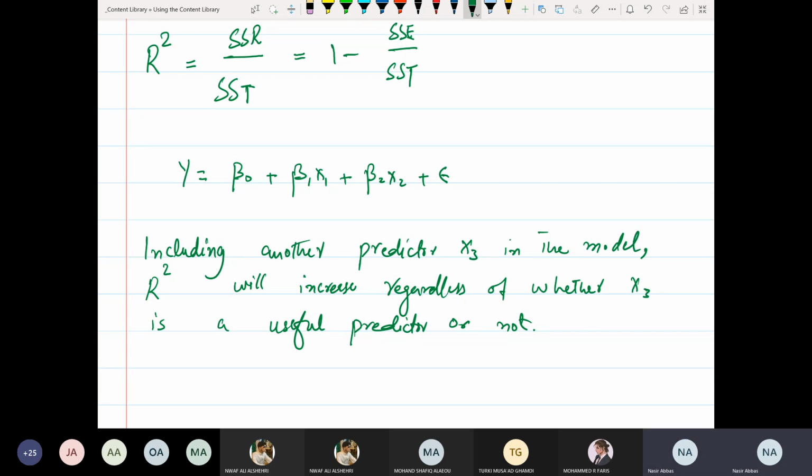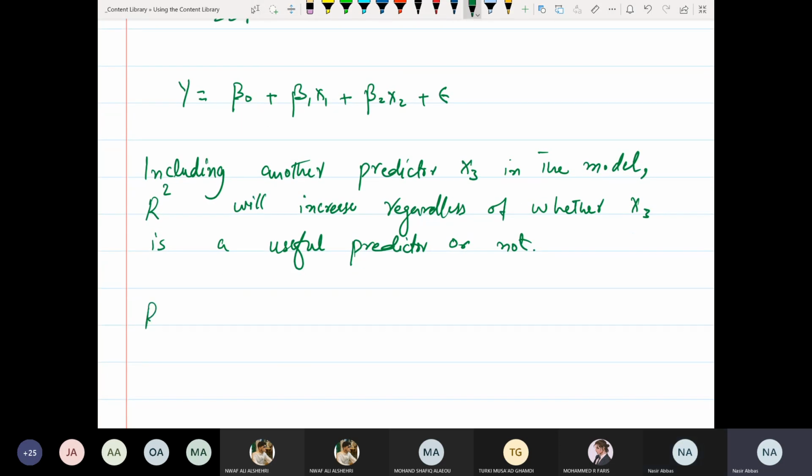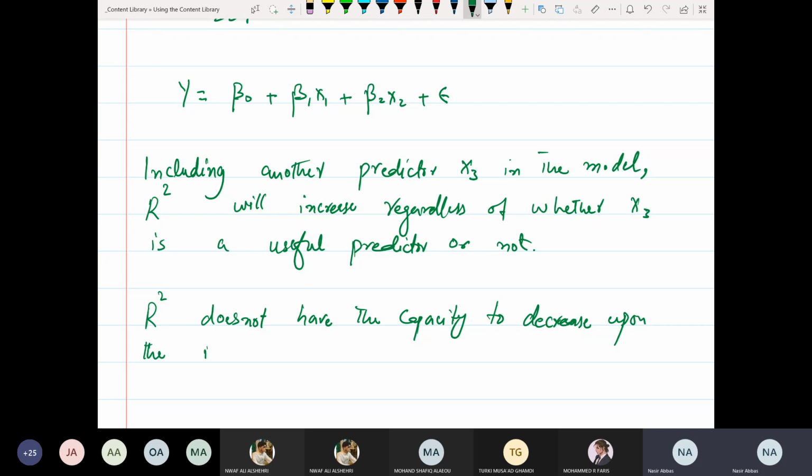Because R squared does not have the capacity to decrease upon the inclusion of a predictor.